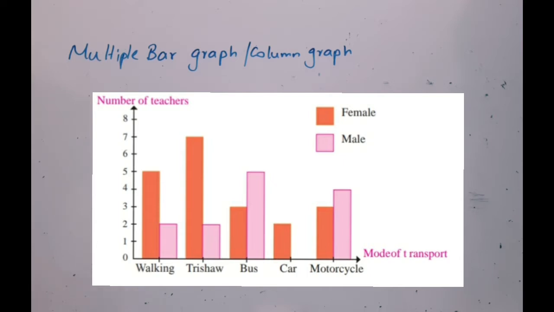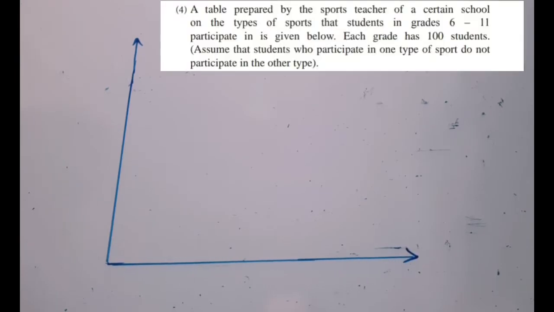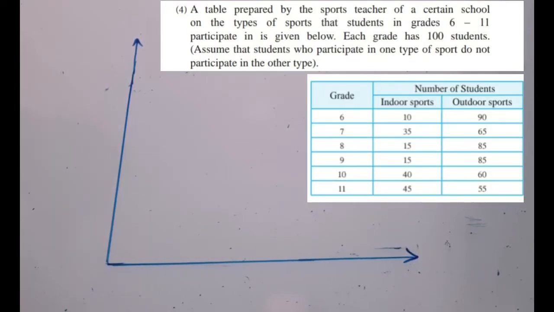Now let's do a question from your textbook, children, so you can understand how to draw a bar graph for the given information. Let's look at this example from your textbook. This is a table prepared by a sports teacher of a certain school on the types of sport that students in grade 6 to 11 participate in.